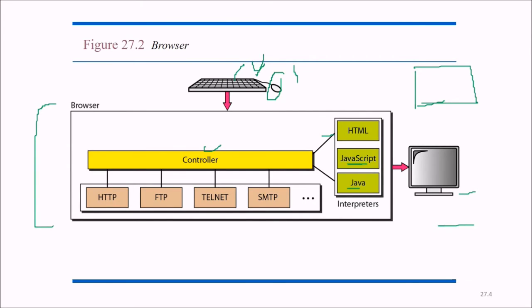You can make functions using JavaScript, and this is a client-side object-based scripting language. And then you have high-level languages like Java. The browser has interpreters. It can interpret HTML, JavaScript, Java, etc. And it also controls HTTP, FTP, Telnet, and SMTP: Hypertext Transfer Protocol, File Transfer Protocol, Telnet, and Simple Mail Transfer Protocol.